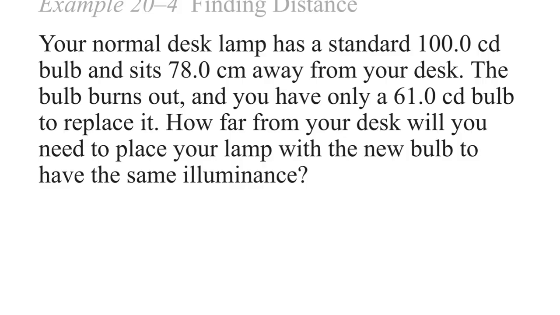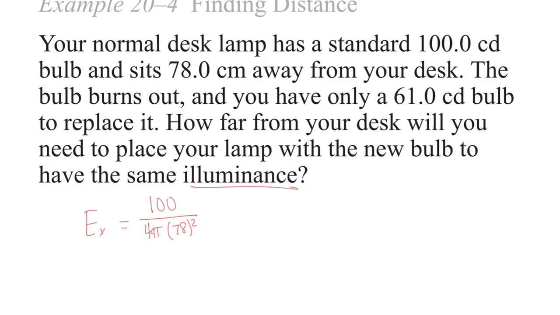But in this case, I have one piece of one and one piece of another. So the same illuminance. Whatever that illuminance is for the first bulb that I had, I would say that my candelas, over my 4 pi times my radius, in this case 78 squared, is going to be that illuminance.